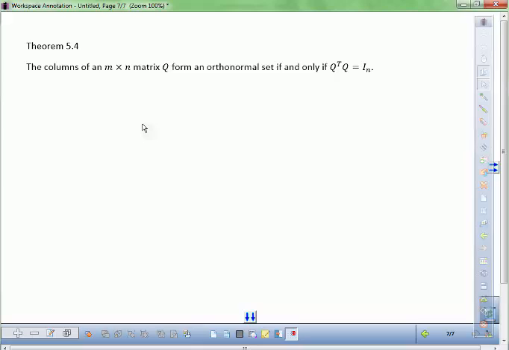If you have a set of vectors that are orthonormal and you put them in a matrix, then the columns of an m by n matrix form an orthonormal set if and only if the transpose of Q times Q is equal to the identity matrix.